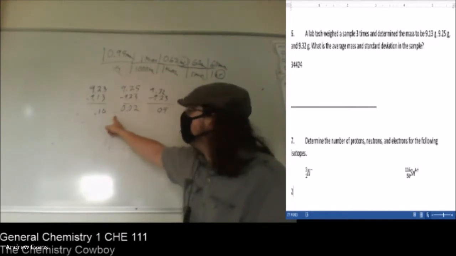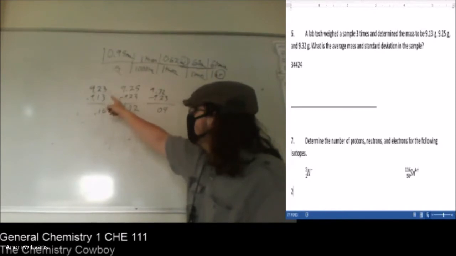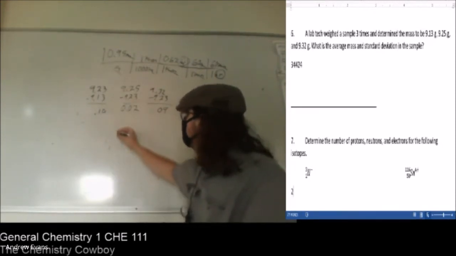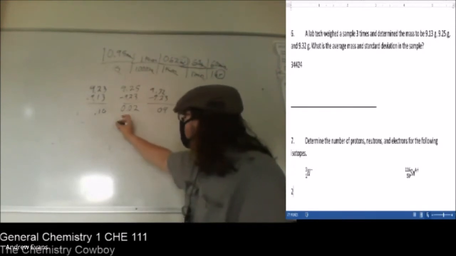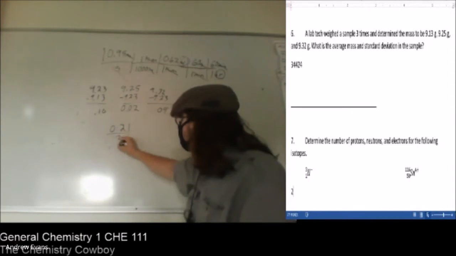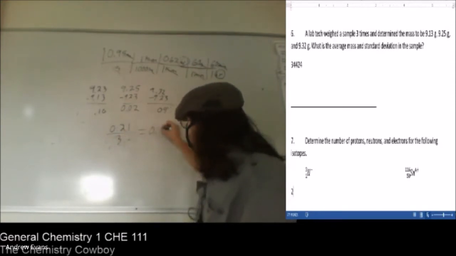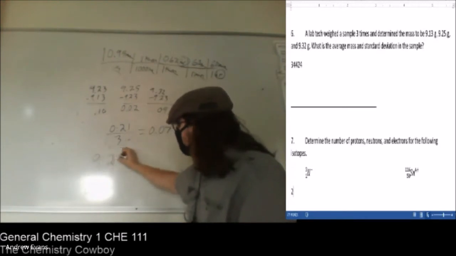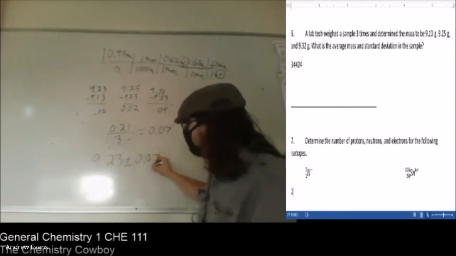So it doesn't matter whether I'm subtracting that from that or that from that. I always want the positive value. So I sum those up. You'd get the sum of all those differences is 21. 21 divided by 3 is 0.07. So my average is 9.23 with a standard deviation of 0.07.